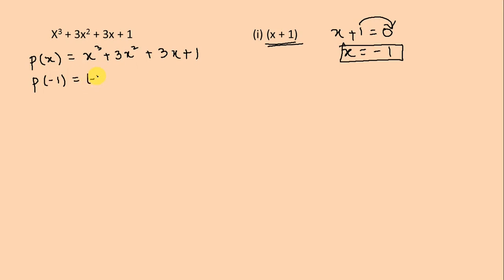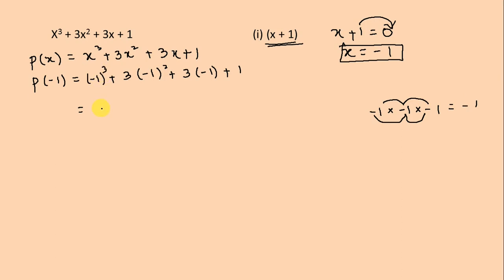And minus 1 cube plus 3 into minus 1 square plus 3 into x is there, so we write minus 1 plus 1. Minus 1 cube is minus 1. See here, minus 1 cube means we have to write minus 1 three times. Minus times minus times minus, 1 1 1.